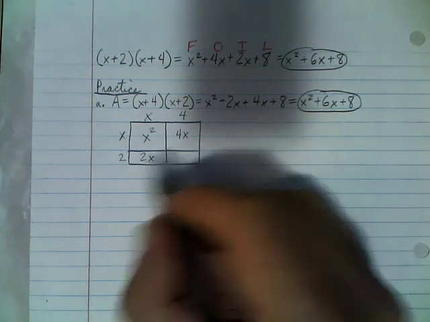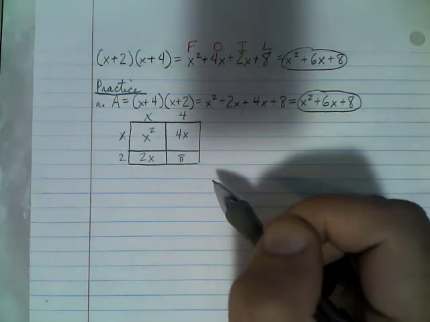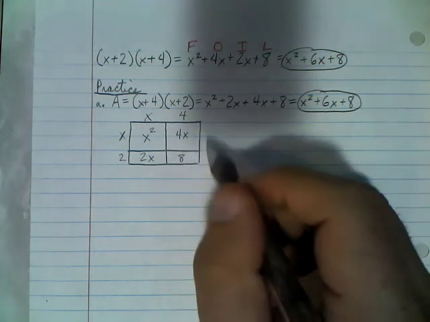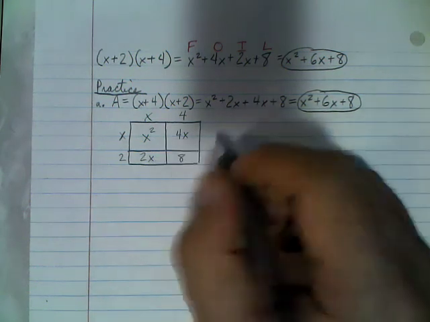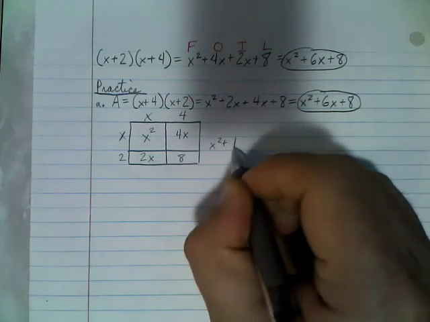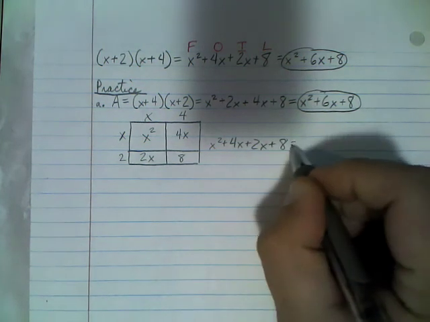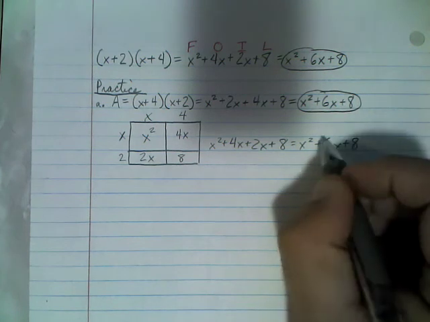And then I have 2 times 4, which would be 8. So sure enough, if I make my sketch here, and I go ahead and I now add all these together. So x squared plus 4x plus 2x plus 8, sure enough, is x squared plus 6x plus 8.